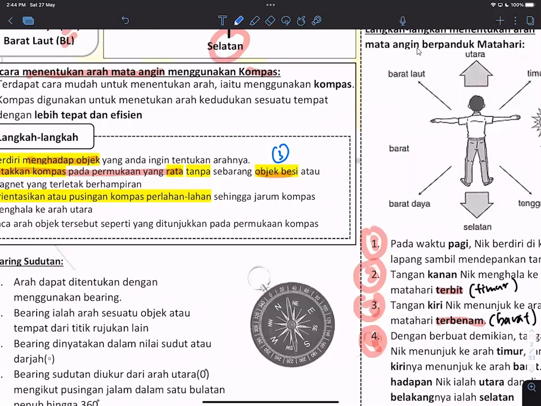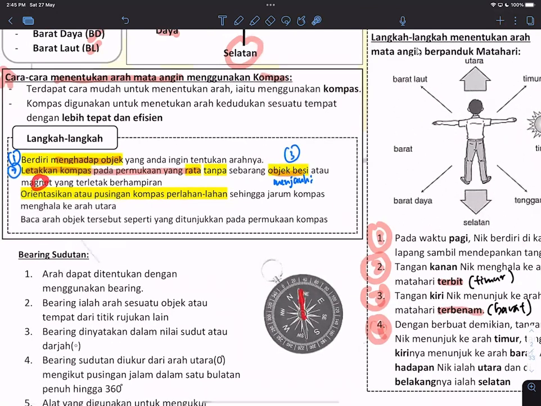Try to add one more keyword here, menjauhi. Okay, stay away from all the metal objects, because any metal objects have slight magnetic force, which is going to attract the needle, so it's not able to point towards the north, because there's a metal object just around the compass. So this is the third method.